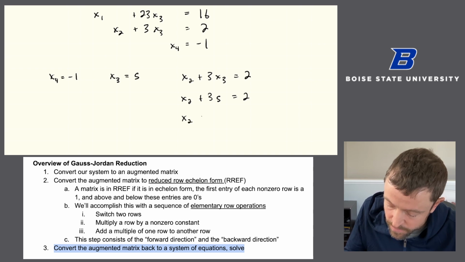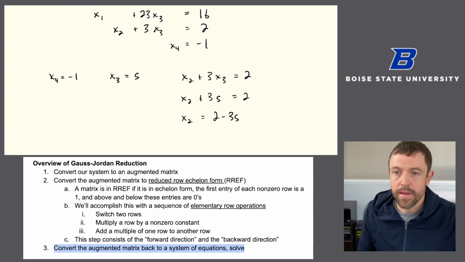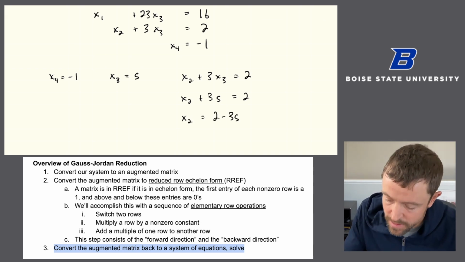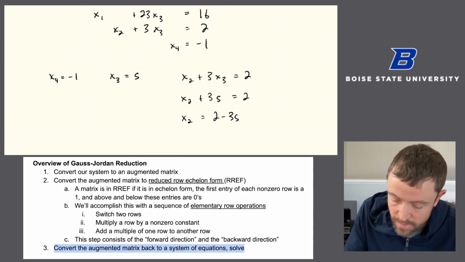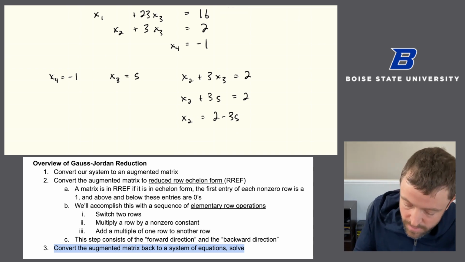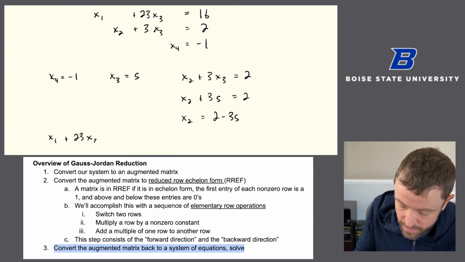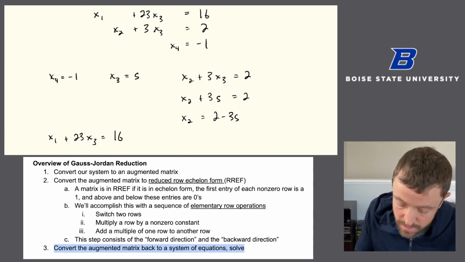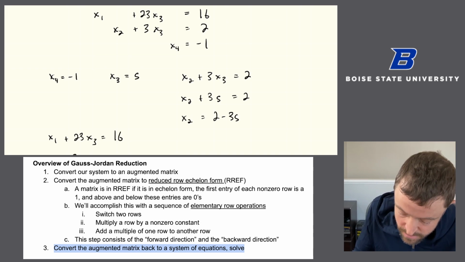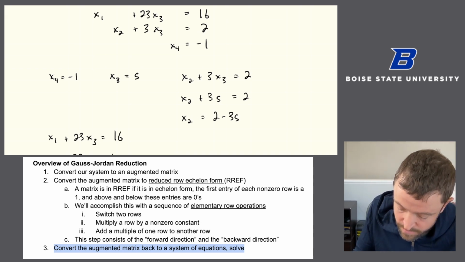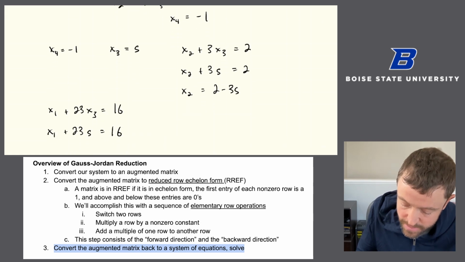So x2 is 2 minus 3s. And then finally, at my top equation, let's write this down. x1 plus 23x3 equals 16. x3 is s. So x1 plus 23s is 16. That means that x1 is 16 minus 23s.